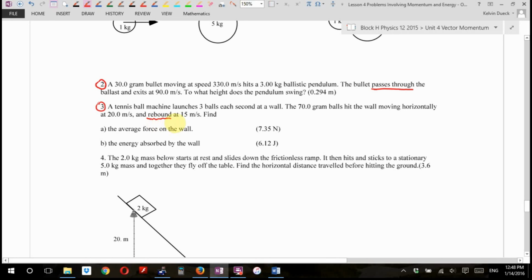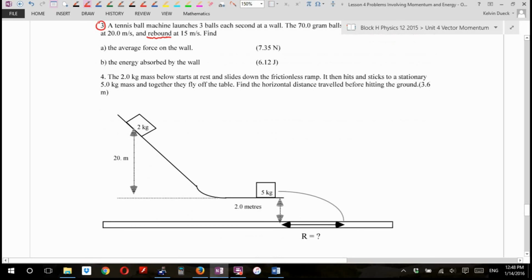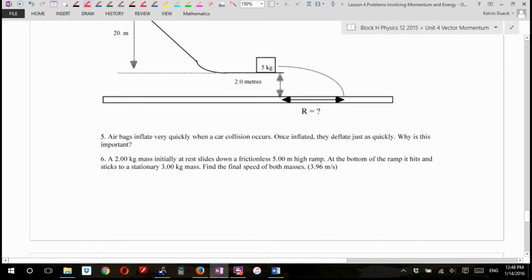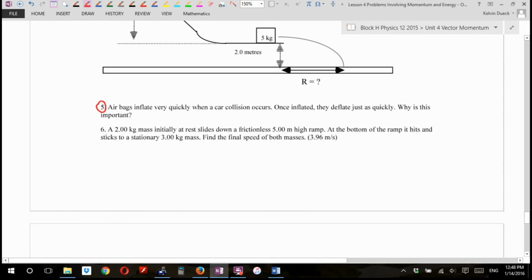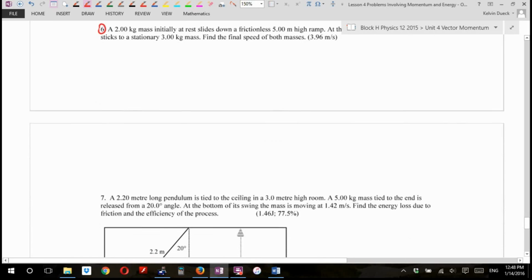That's the key word. You better let one way be positive, one way be negative. 4 is cool, but I'll pass. 5 is good because you guys drive. 6 is good.